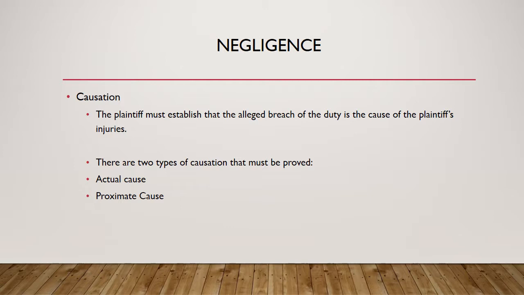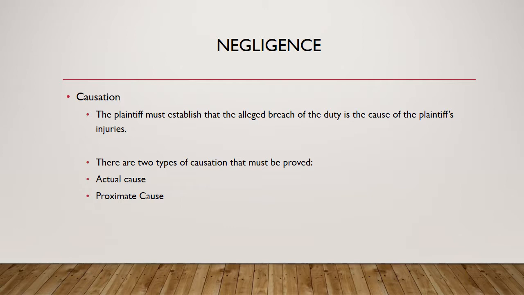So, causation. Determining whether there's a duty and determining causation are usually the two hardest elements of a negligence claim. Once you have a breach of the duty or an alleged breach of the duty, because that's a decision made by the fact finder, just like causation is, then the plaintiff must establish that the alleged breach is what caused the plaintiff's injuries.